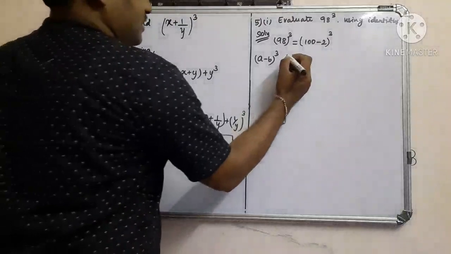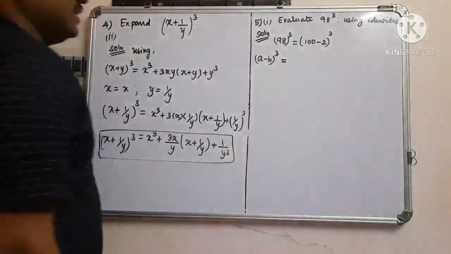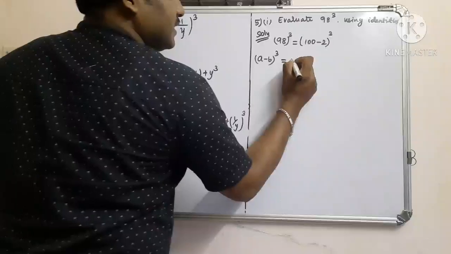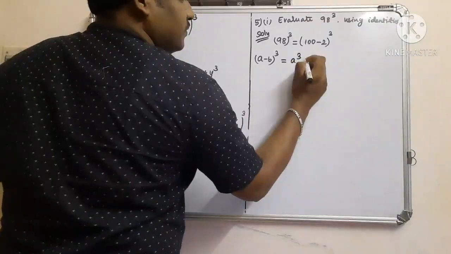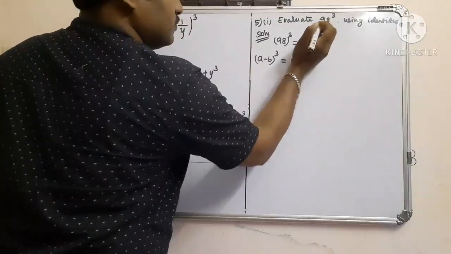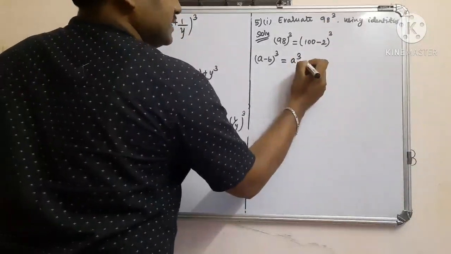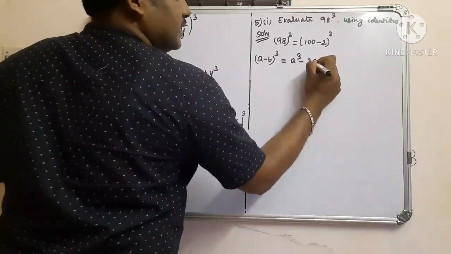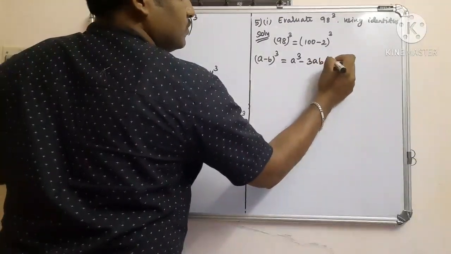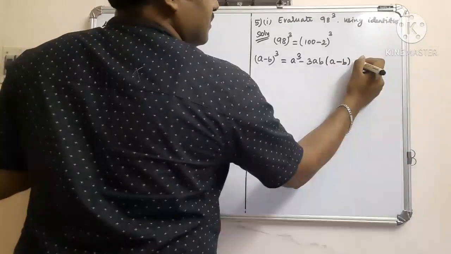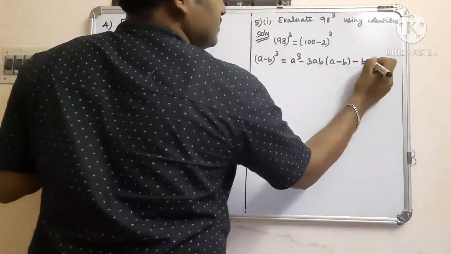So what is the formula for (a - b) the whole cube? Same thing here: a cube, minus means you have to put minus, 3ab into (a - b), minus b cube.